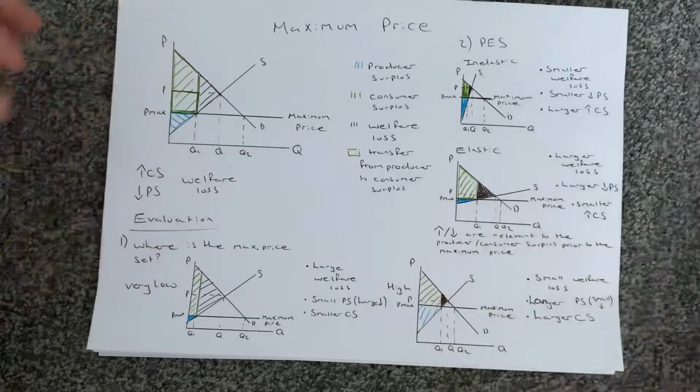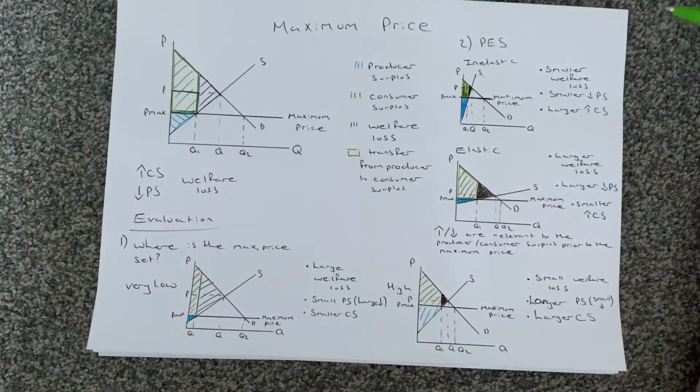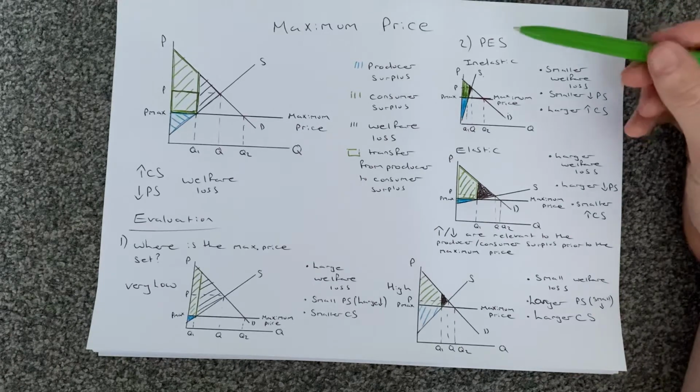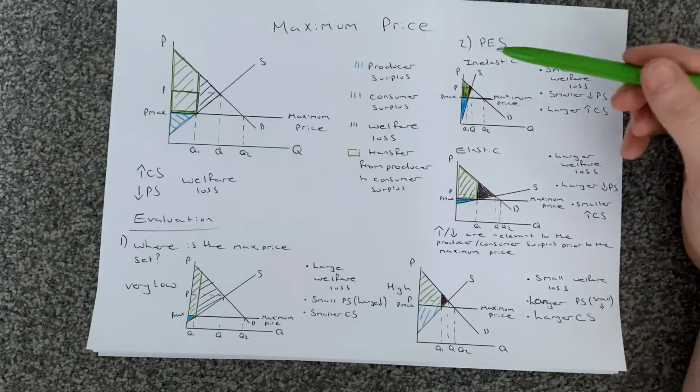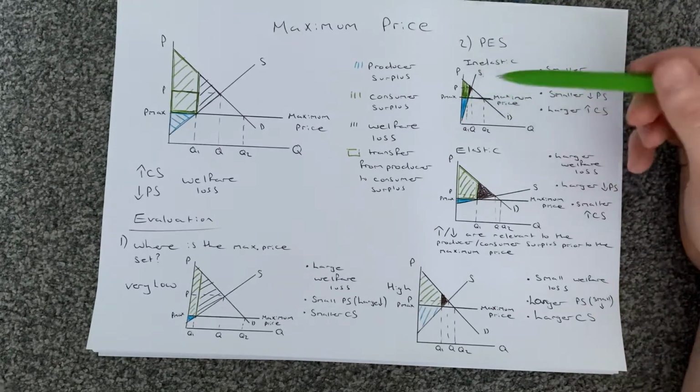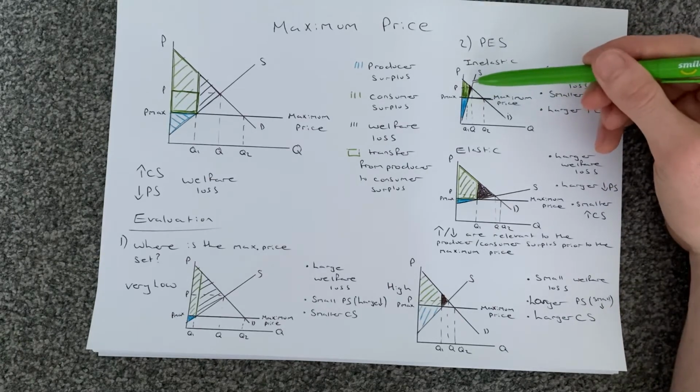price. So just to recap the point on price elasticity of supply, the price elasticity of supply is inelastic. We have this very steep supply curve. We see a very small welfare loss.